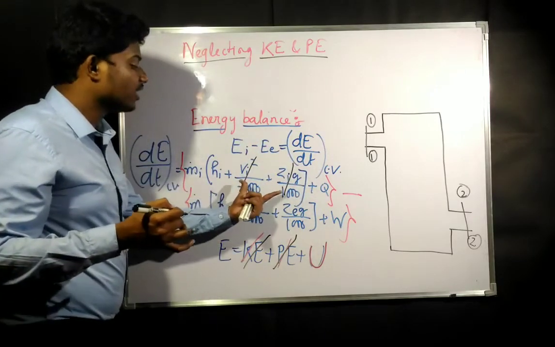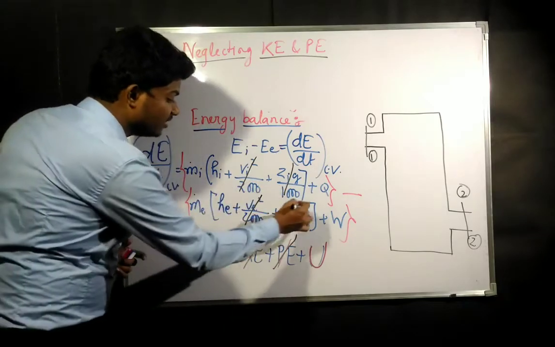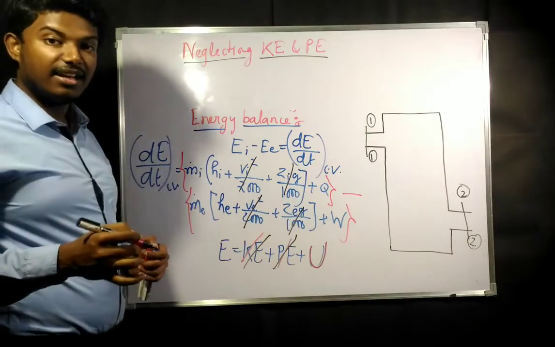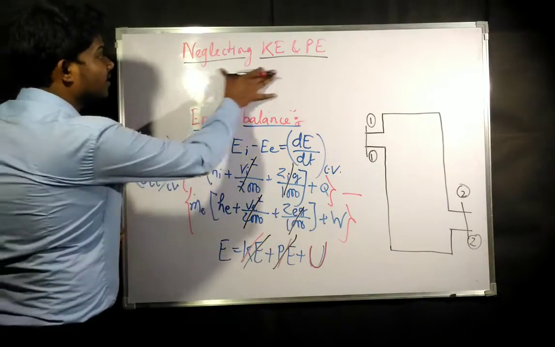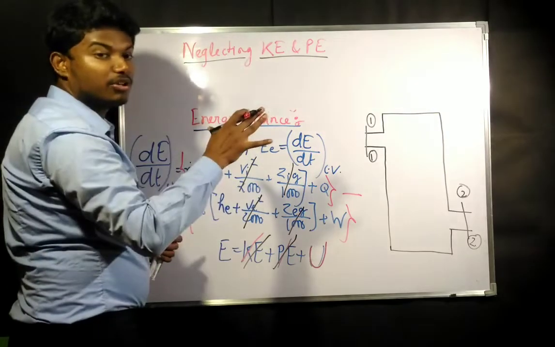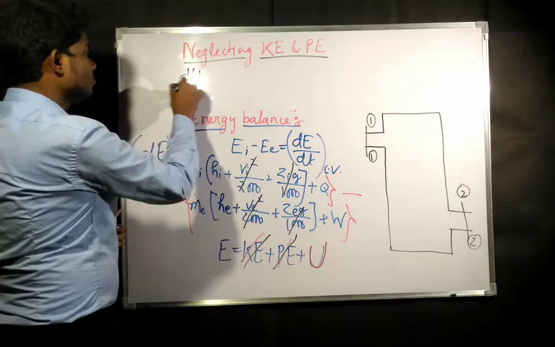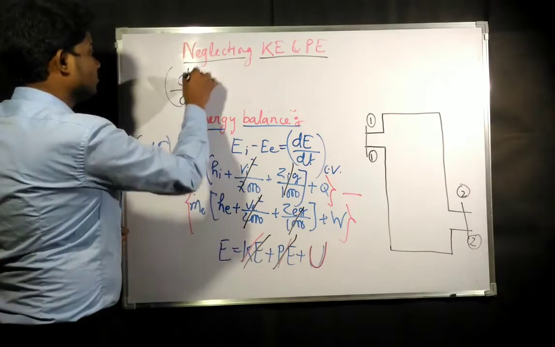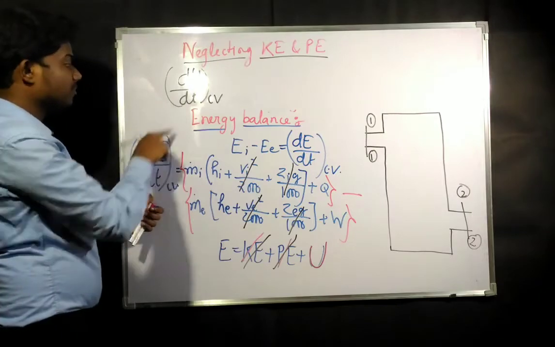These two are the kinetic energy and potential energy at inlet. Similarly for exit also we are neglecting kinetic energy and potential energy. Under this condition, this equation becomes dU by dt for the control volume; E becomes U.